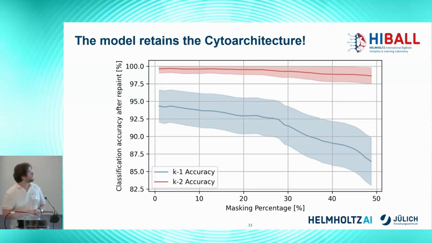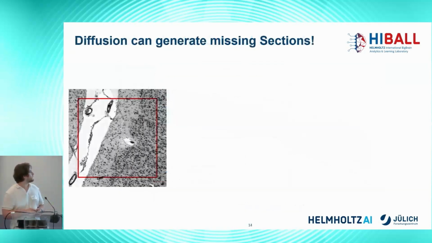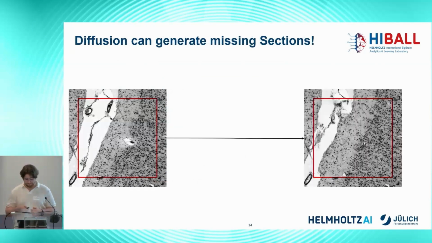But when we look at some examples, for example this one, and we inpaint it, there are some problems that appear. On the left, on the original patch, we have here a large blood vessel, which is something we would expect to see on the other patch too.